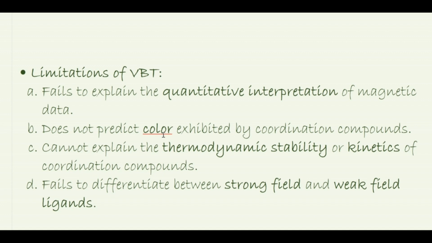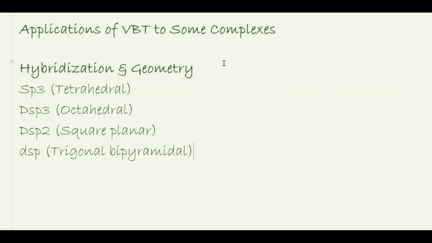And it doesn't predict the color exhibited by the coordination compound and cannot explain the thermodynamic stability or kinetics of coordination compounds. It fails to differentiate between strong field and weak field ligands. These four are the important limitations of VBT. I just listed here the hybridization and geometry according to VBT.